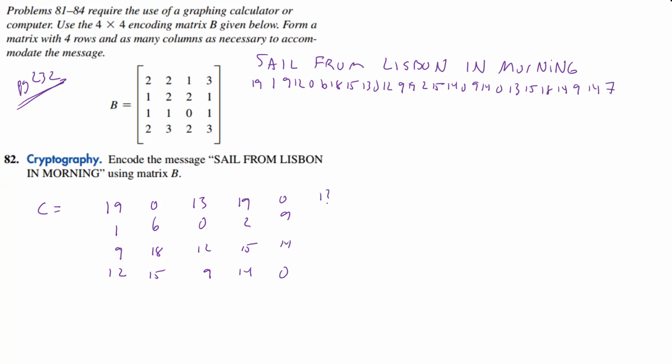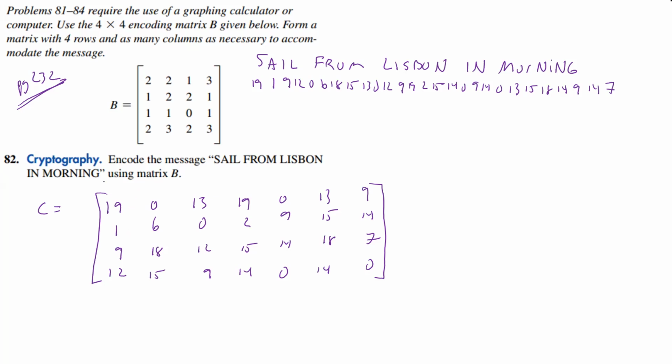And we have 13, 15, 18, and 14, and we have 9, 14, 7. Now we need to fill it in, so we could put a 0. So that is our C.